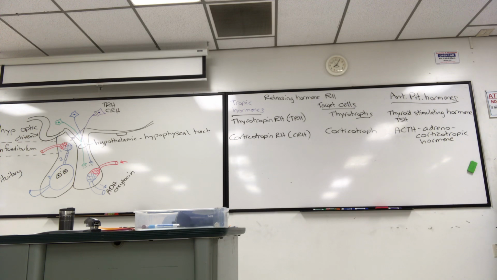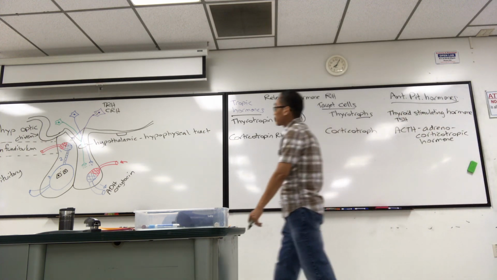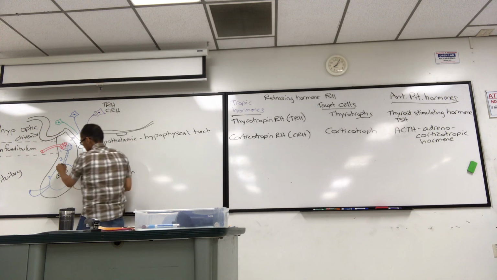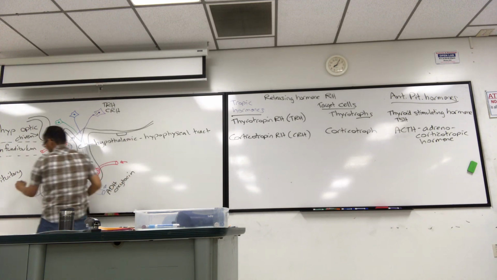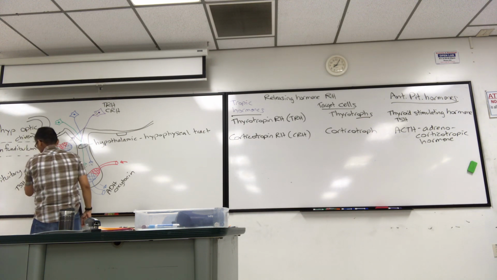You just can't mix up your letters. I usually don't like abbreviations, but I'll allow it. But if you flub up the letters, then that's on you. So be sure to get the abbreviations correct. So far, we've got TRH and CRH, but when they stimulate cells down there, the hormones that are released are TSH and ACTH.